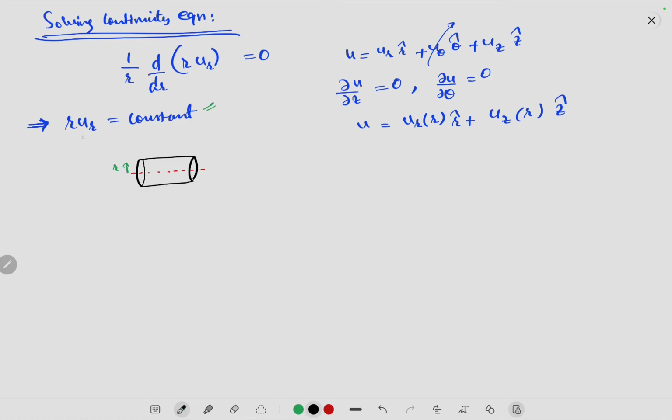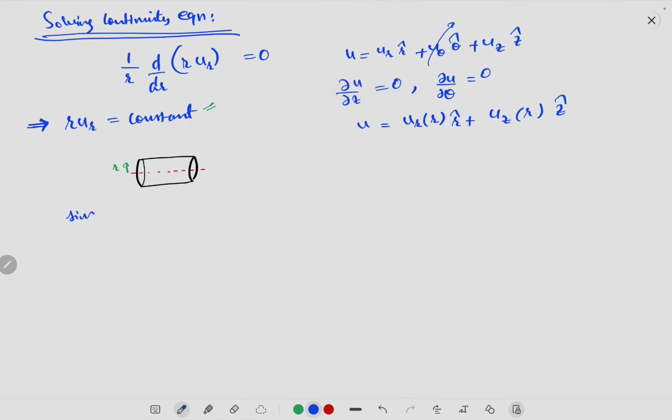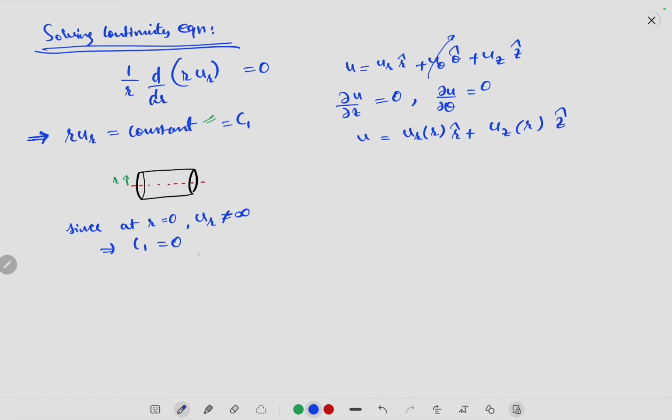Let me just write it. Since at r equal to 0, u_r cannot be infinity, this implies, let's say if this constant is c1, c1 is 0. So this is what we get from the continuity equation. Now if c1 is 0 and r is not 0, u_r will be 0.